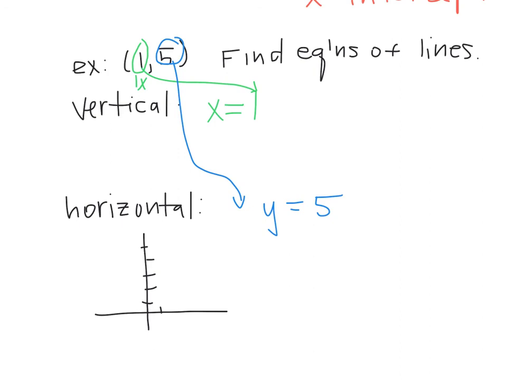And here's our point, 1, 5, and the vertical line goes through that x-intercept of 1, and so that's x equals 1, and the horizontal line goes through that y-intercept of 5, and that gives us that equation for that horizontal line of y equals 5.